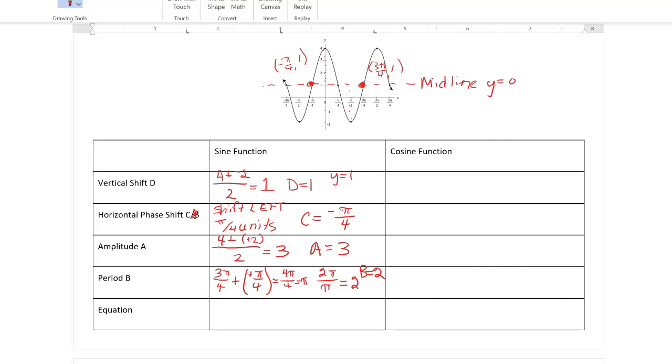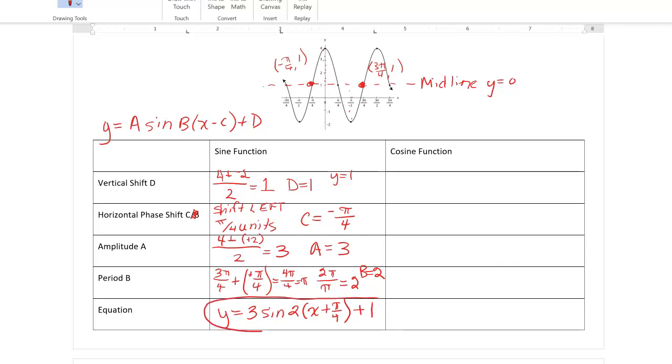So now our equation. Remember our general or our factored form of our equation is y equals A sine of B times x minus C plus D. So we're going to write y equals A, in this case is 3, sine of B, B in this case is 2, and then x minus a -pi/4 means a plus pi/4, and then we have the D is 1, so we're going to write plus 1 at the end.